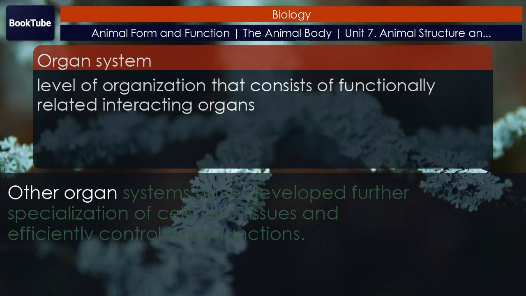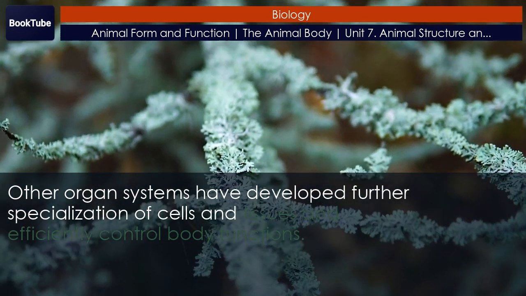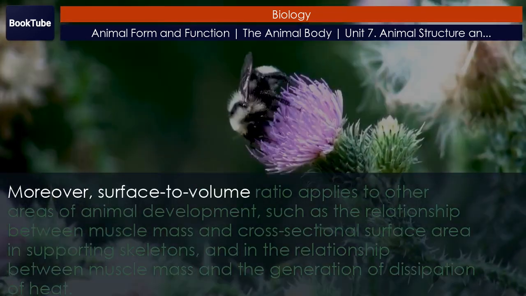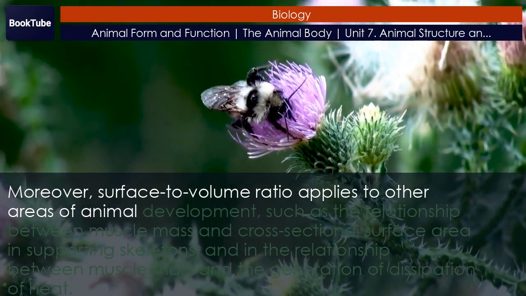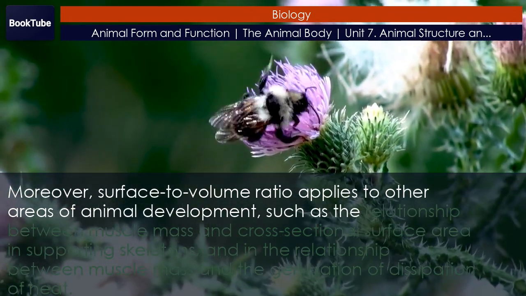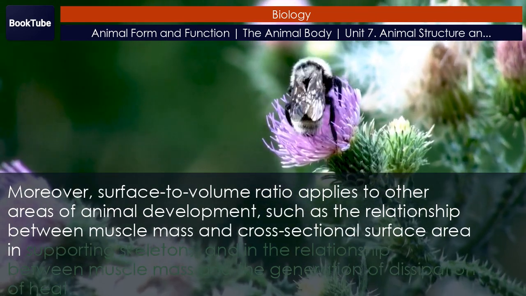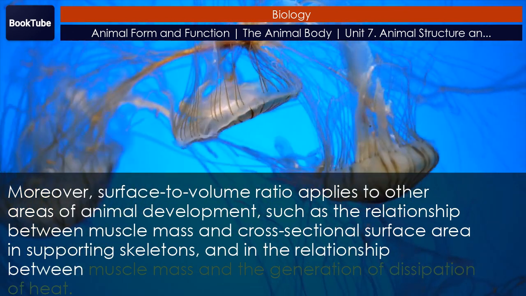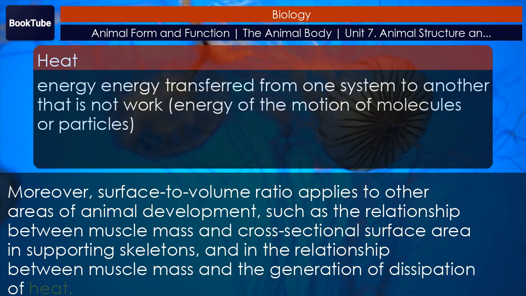Other organ systems have developed further specialization of cells and tissues and efficiently control body functions. Moreover, surface-to-volume ratio applies to other areas of animal development, such as the relationship between muscle mass and cross-sectional surface area in supporting skeletons, and in the relationship between muscle mass and the generation or dissipation of heat.